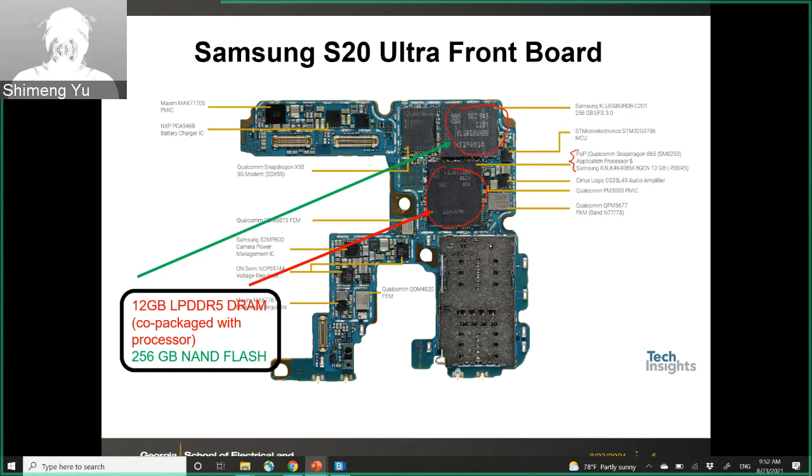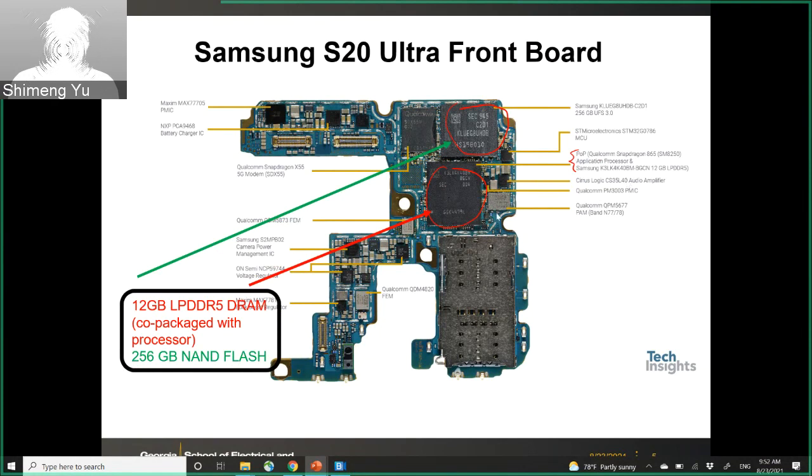One is your processor, in this case, Qualcomm Snapdragon 865. And then it's co-packaged with Samsung DRAM. In this case, it's a 12 gigabyte LPDDR5 DRAM. We will discuss what LPDDR is later in the DRAM lecture. It's one of the I/O interface protocols.